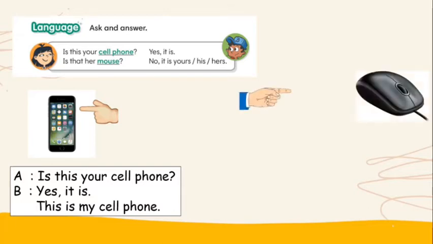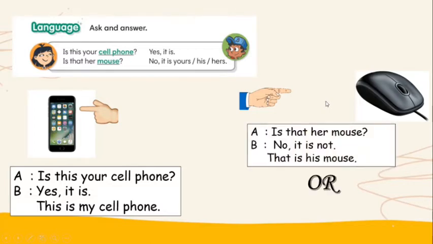So see the second picture. Is it different between the first and the second here? Yes, it's different. So can you see the position of the finger here? It's far from the object. I have a question. Is that her mouse?